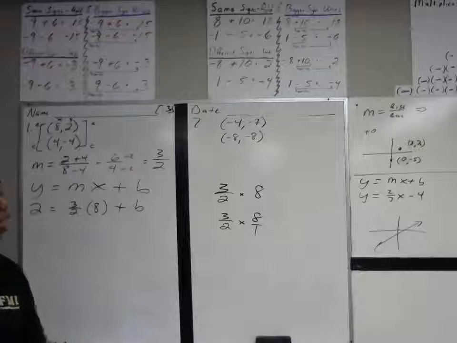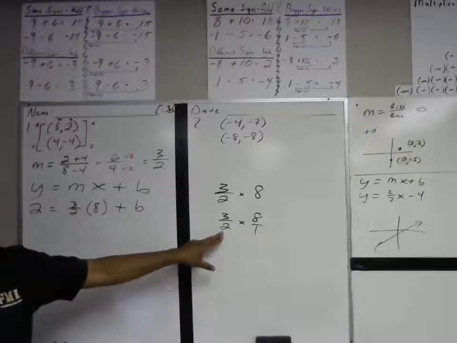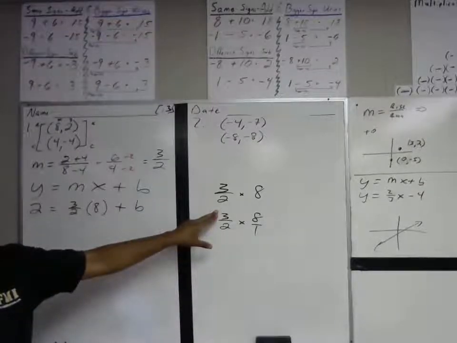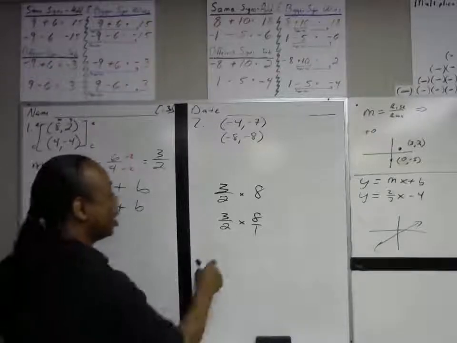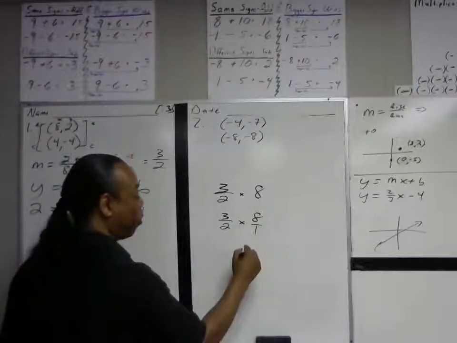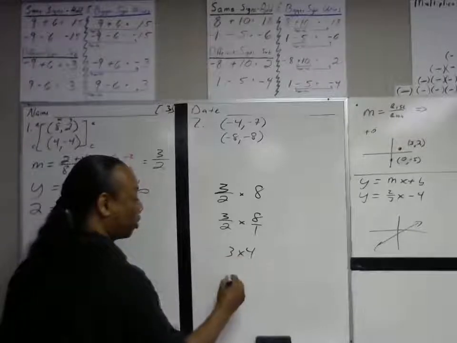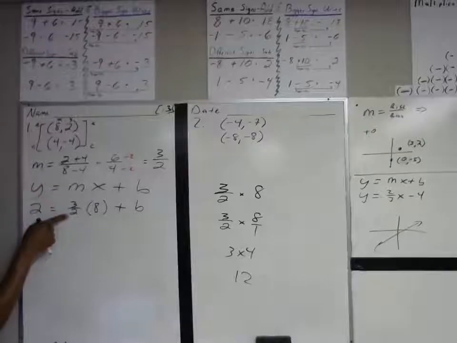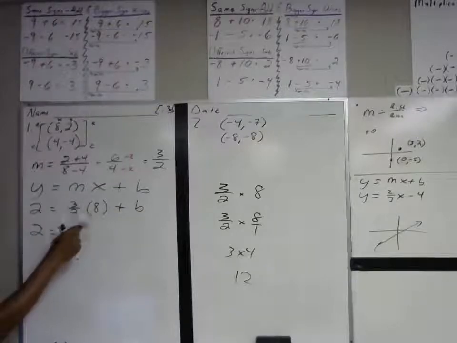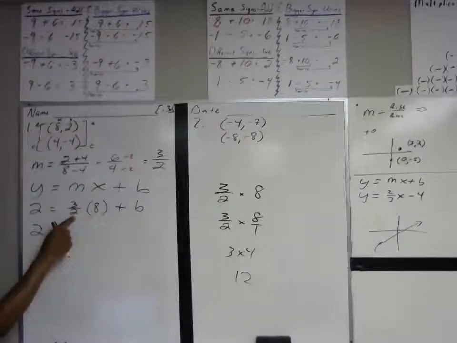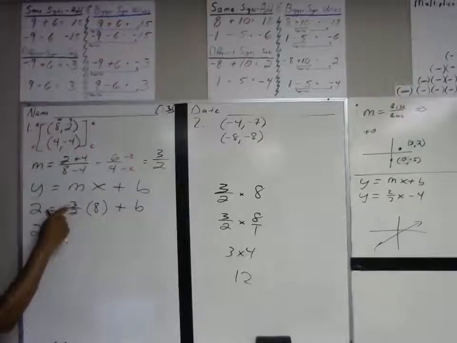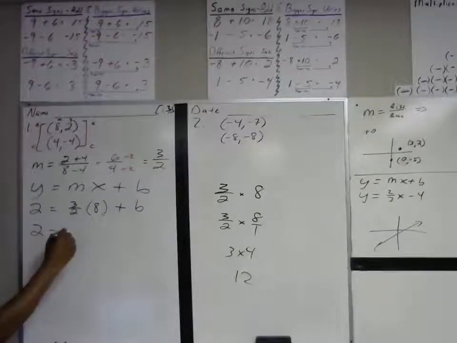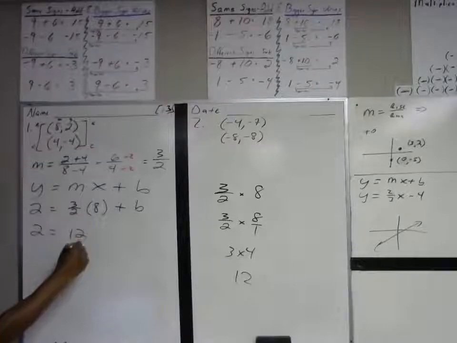So what you'll end up doing is dividing by 2 and multiplying by 3. 8 divided by 2 is 4, and 3 times 4 is 12. So again, I'm dividing by the denominator and multiplying by the numerator. So let's go back to here. 8 divided by 2 is 4, and 4 times 3 is 12.